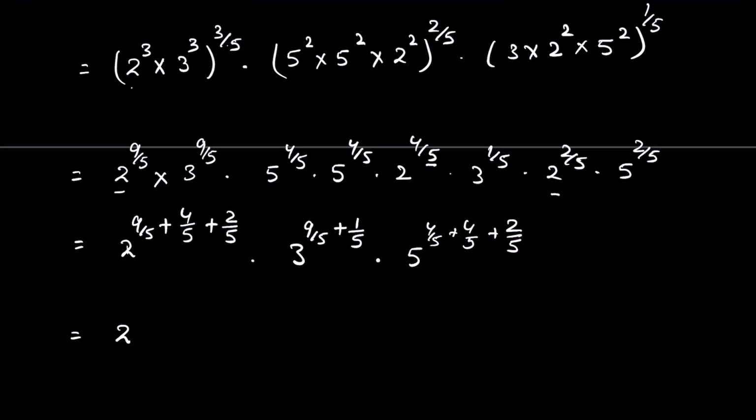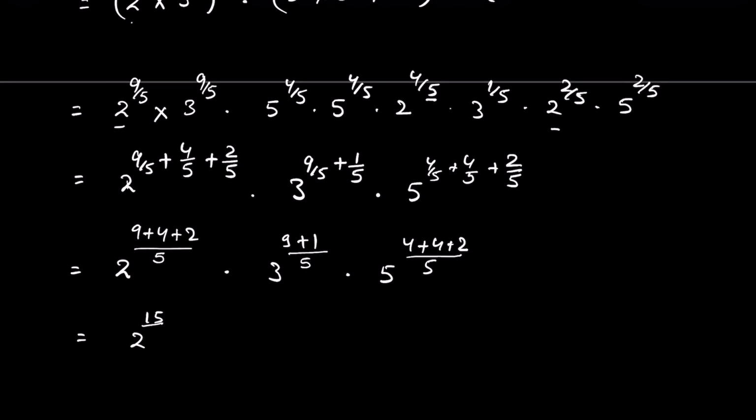The denominator is equal, so we will just write the denominator and add the numerators. 9 plus 4 plus 2, times 3 raised to the power 9 plus 1 upon 5, times 5 raised to the power 4 plus 4 plus 2 upon 5.